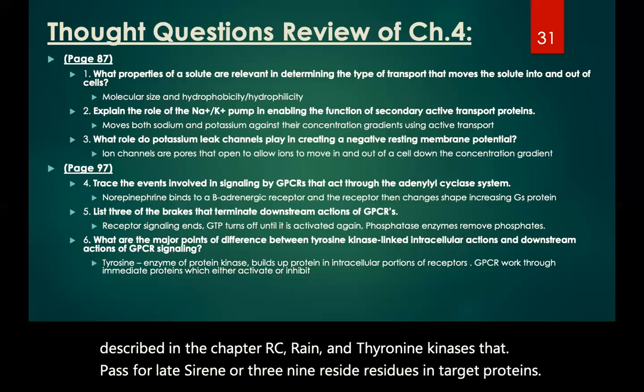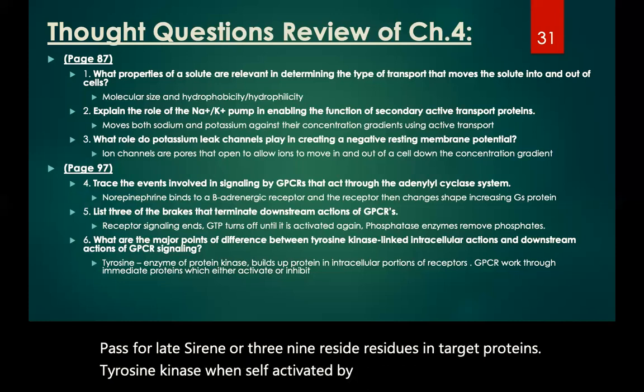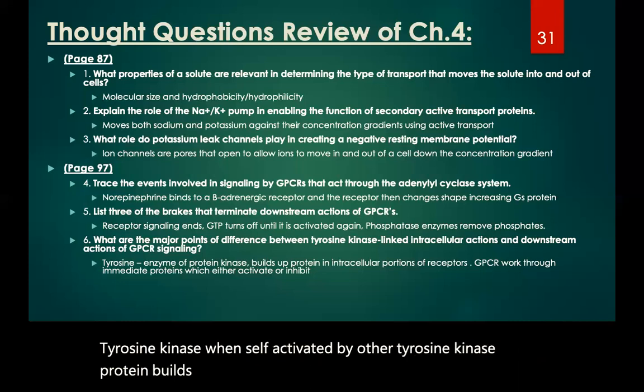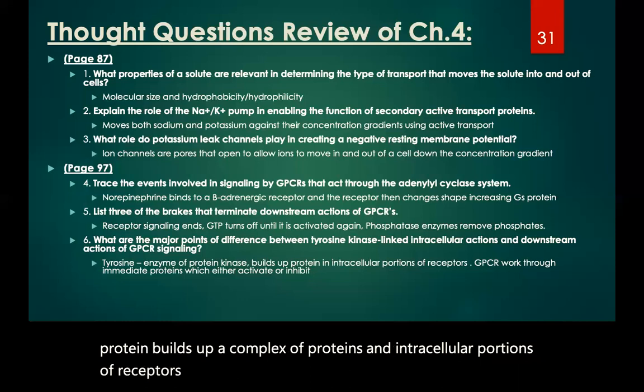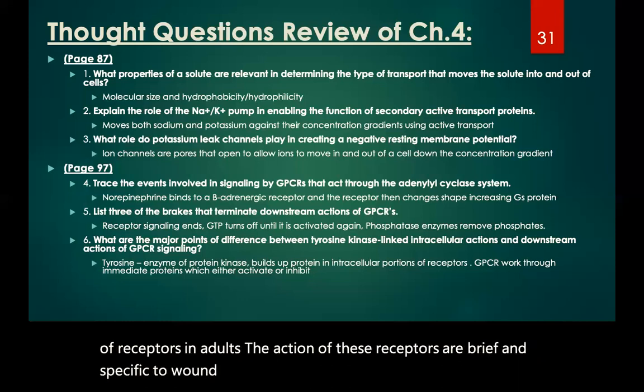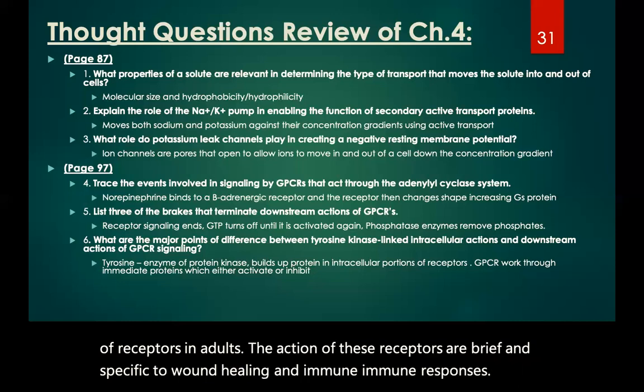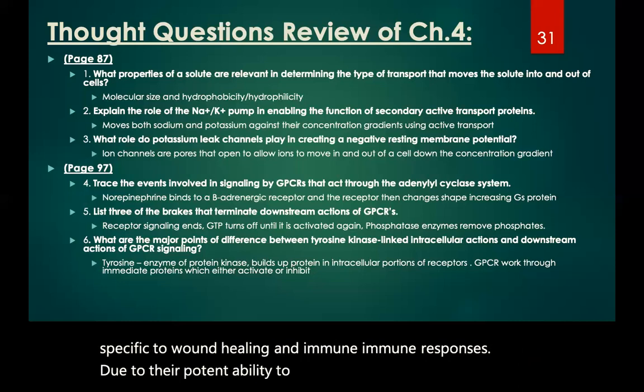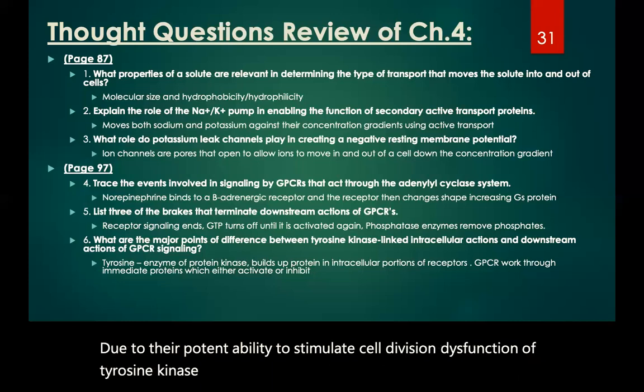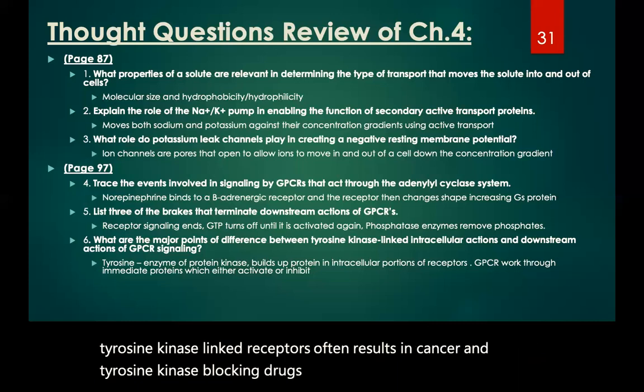Tyrosine kinase, when self-activated by other tyrosine kinase protein, builds up a complex of proteins in intracellular portions of receptors. In adults, the actions of these receptors are brief and specific to wound healing and immune responses. Due to their potent ability to stimulate cell division, dysfunction of tyrosine kinase linked receptors often results in cancer, and tyrosine kinase blocking drugs like imatinib are used to treat many cancers.